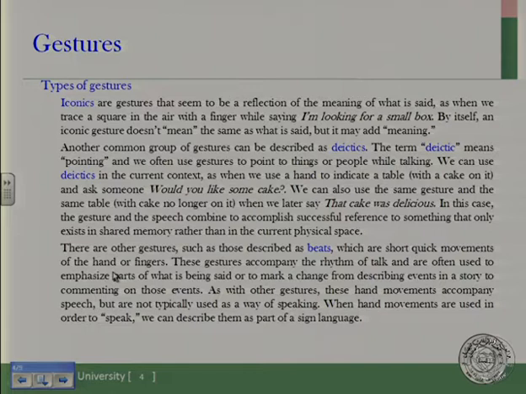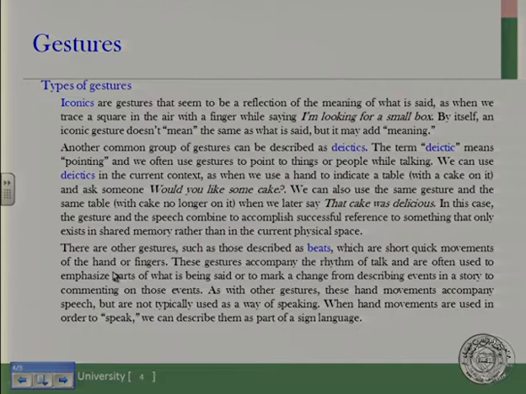So this kind of gesture is called iconics because it reflects the meaning of what we are trying to say by saying I'm looking for a small box. This kind of drawing a square in the air is called iconics.